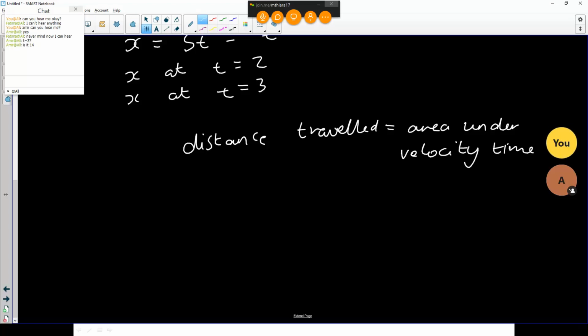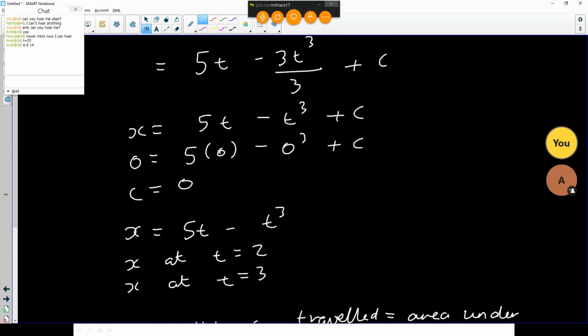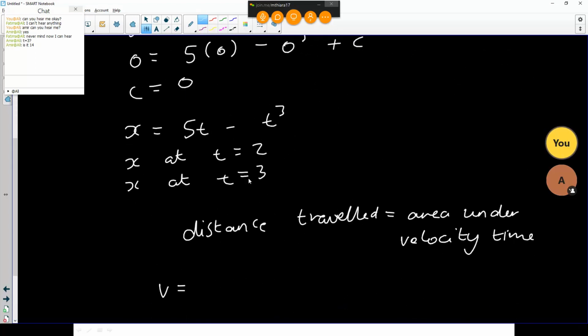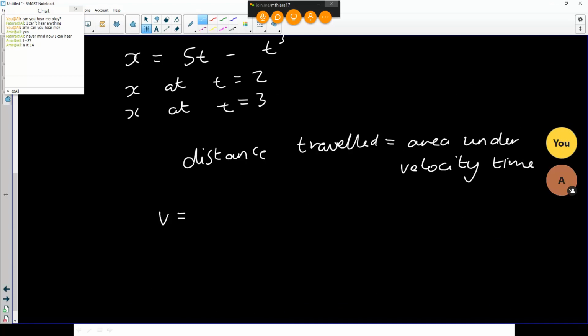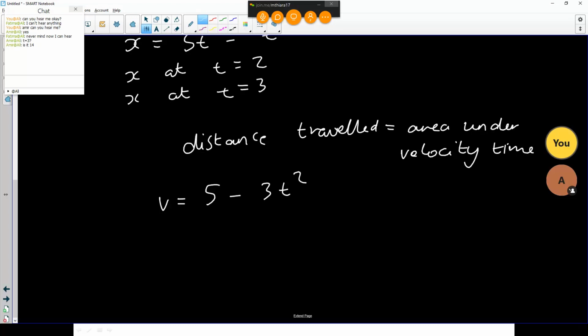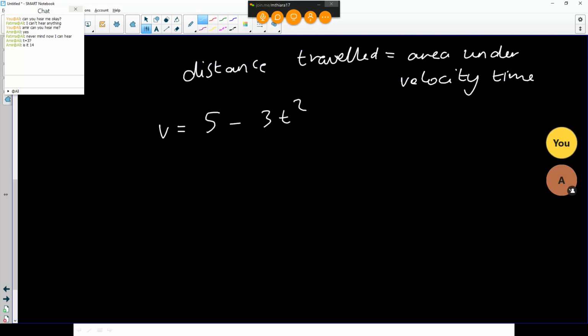So over here what I would have had is v is equal to 5 minus 3t squared. The distance travelled is the integral, or the area underneath the velocity time graph.